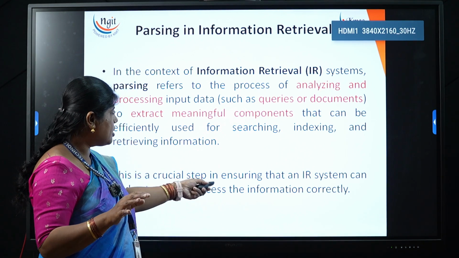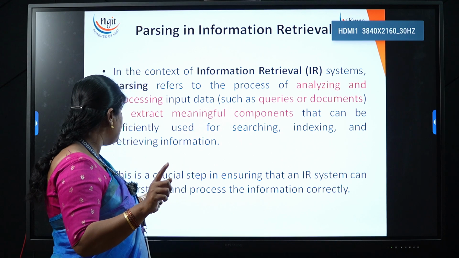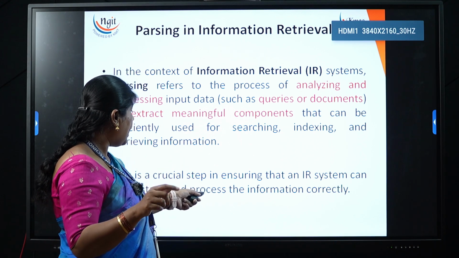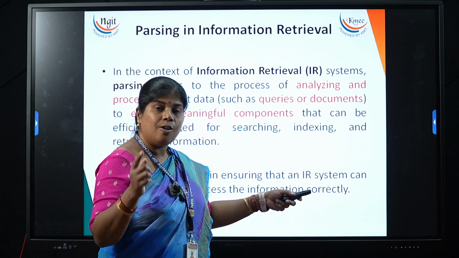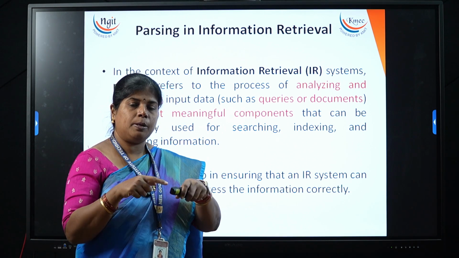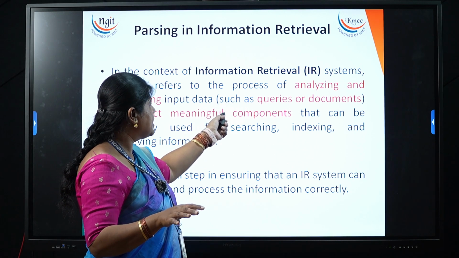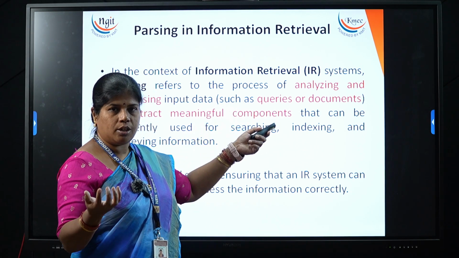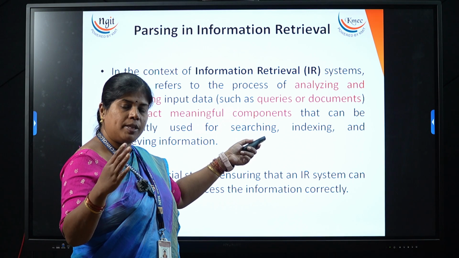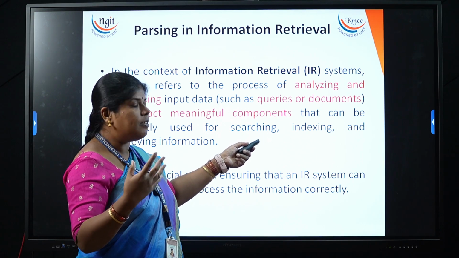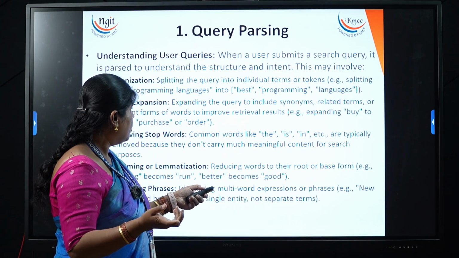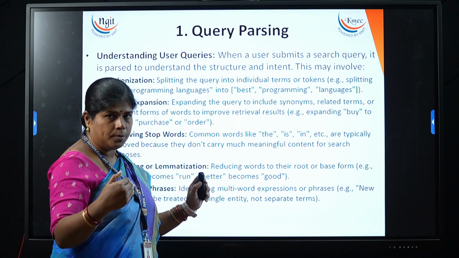Now, this is a crucial step ensuring that the IR system can understand and process the information correctly. Whatever information is available in my document will be processed correctly only when I understand the meaning of the user query, so that the correct results will be returned to the user and the relevance feedback will be more in that case. Okay.